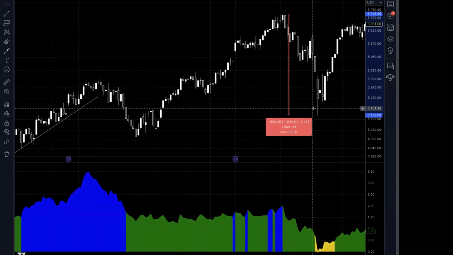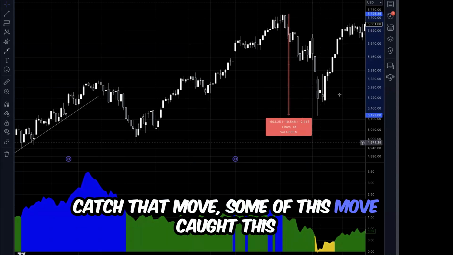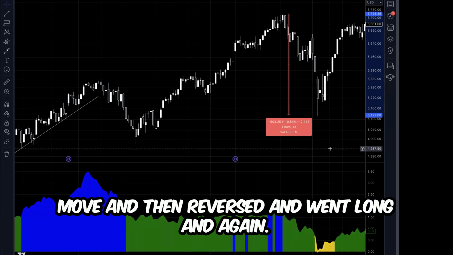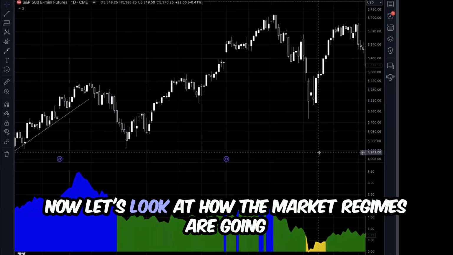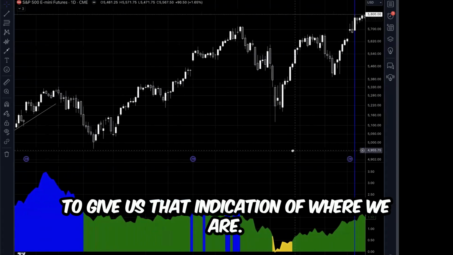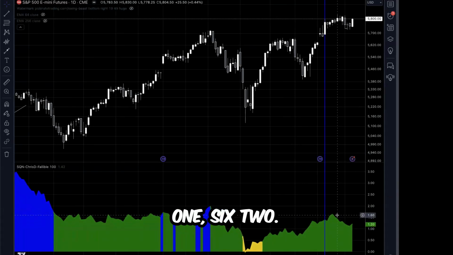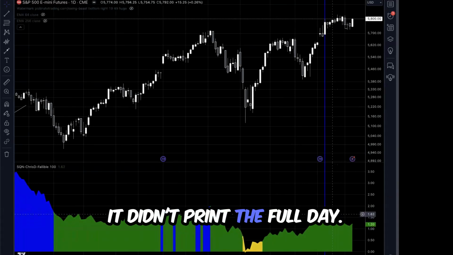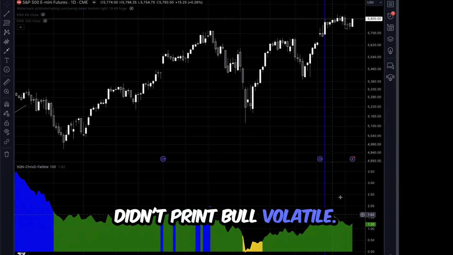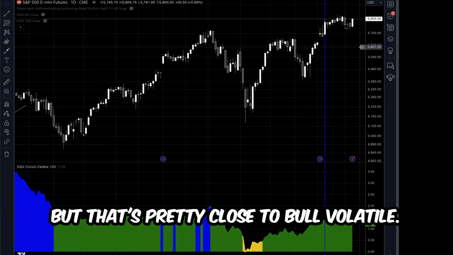I was able to catch some of this move, and then reversed and went long. And again, let's look at how the market regimes give us an indication of where we are. 162 didn't print the full day, didn't print bull volatile, but that's pretty close to bull volatile.